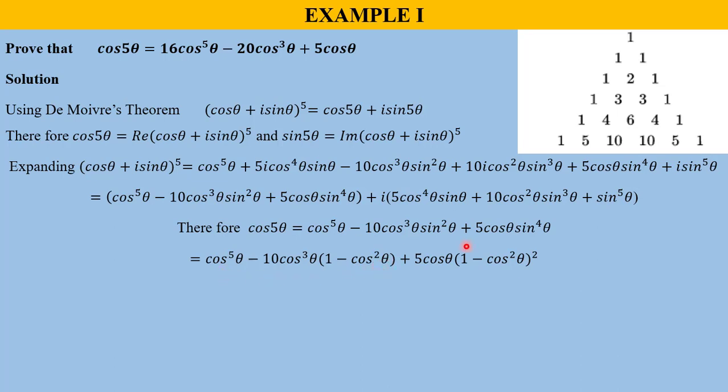So where we have sin squared theta, we substitute 1 minus cos squared theta, and this will give us cos power 5 theta minus 10 cos power 3 theta into (1 minus cos squared theta) plus 5 cos theta into (1 minus cos squared theta), then squared. Since this is power 4, we shall take the square of (1 minus cos squared theta).